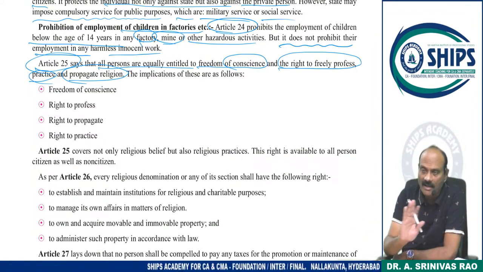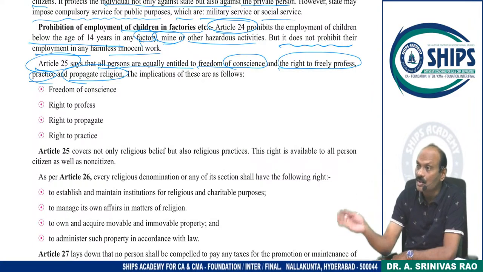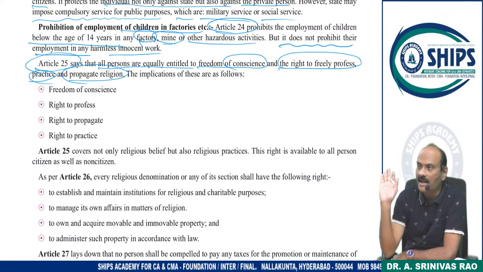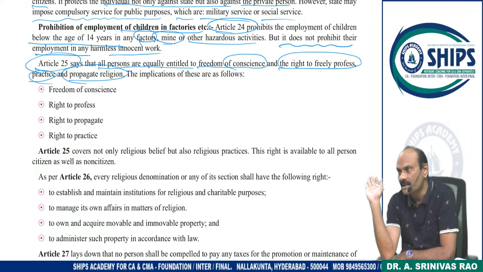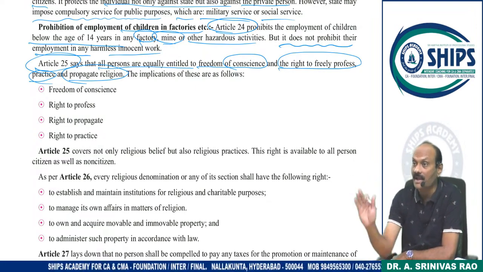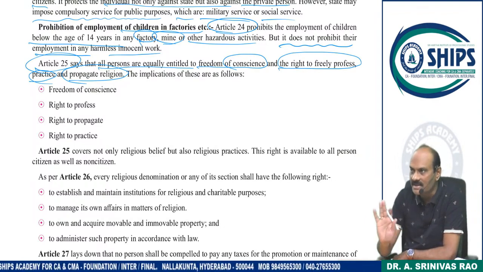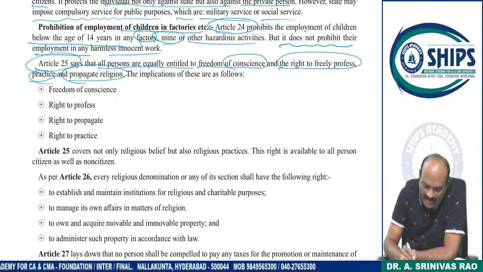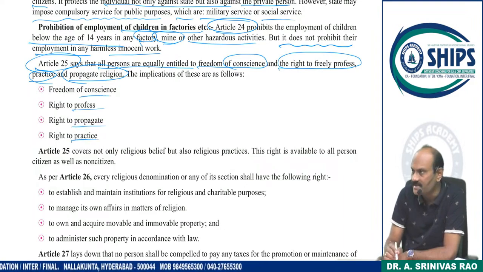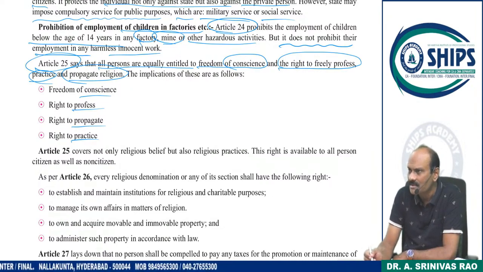Don't make any wrong. You tell about your religion. Don't compare with other religions and make a defamatory statement. You tell that I am great. Don't say that compared to him, I am great. I think you are understanding that. So here it is, freedom of conscience and to profess, propagate and practice. Everybody has a right to do their own.